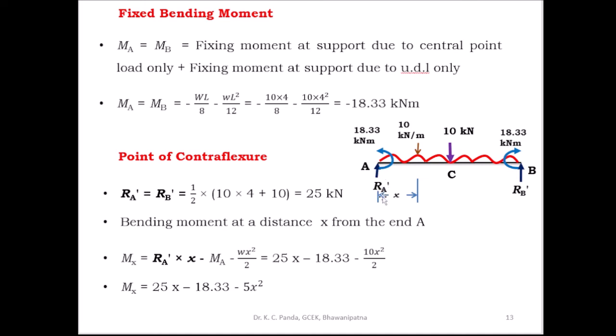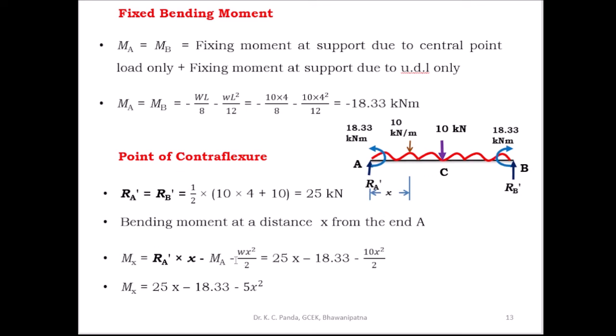Then after knowing RA dash and RB dash, you can find out the moment at a distance x from the support A. So the bending moment at a distance x from the end A is equal to Mx is equal to RA dash into x minus MA minus w x square by 2. So here Mx is equal to 25x minus 18.33 minus 10x square by 2. Then Mx is equal to 25x minus 18.33 minus 5x square.